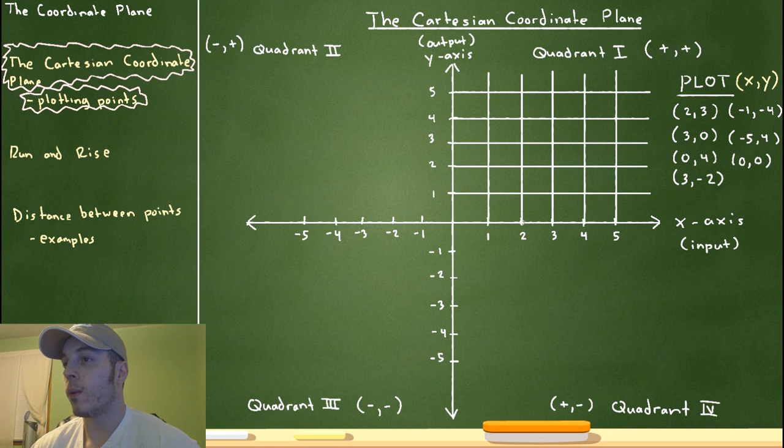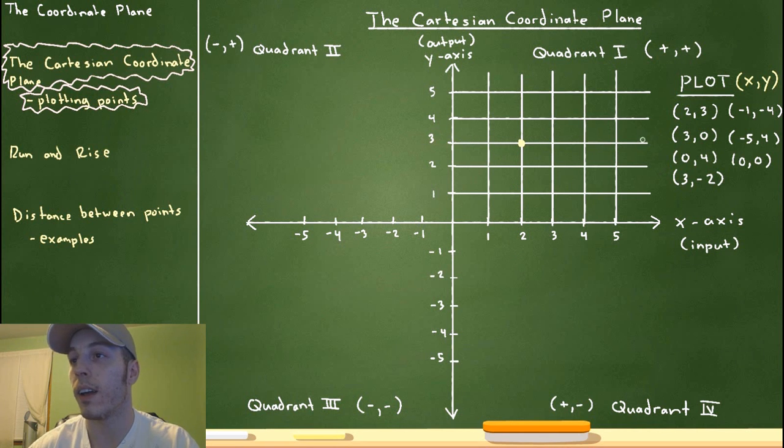And now where is our y? Well, from here we have to go up 3. 1, 2, 3. And then we can plot our point right here. So 2, 3 is where the x value of 2, this vertical line, and the y value of 3, this horizontal line, cross, and they are right here.